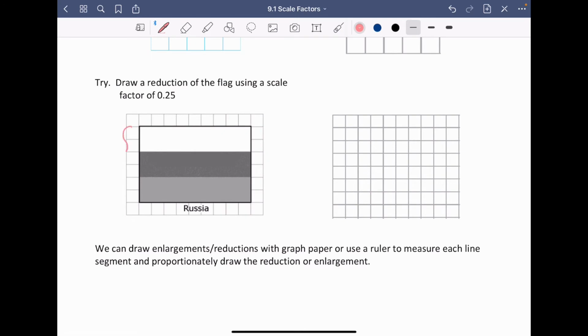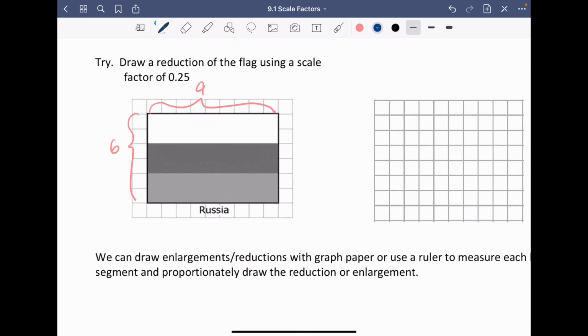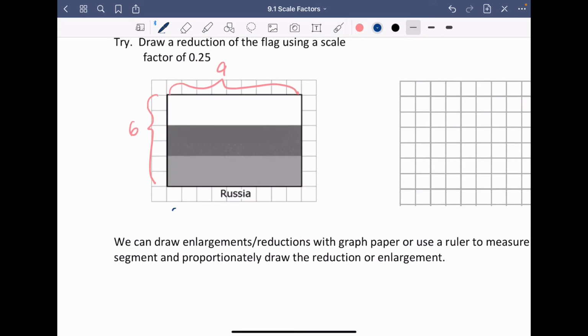The width of this flag is 1, 2, 3, 4, 5, 6 units. The length is 2, 4, 6, 8, 9. 9 units. So if I want to calculate the length and width of my new reduction, then I'll have to multiply each of them by 0.25.